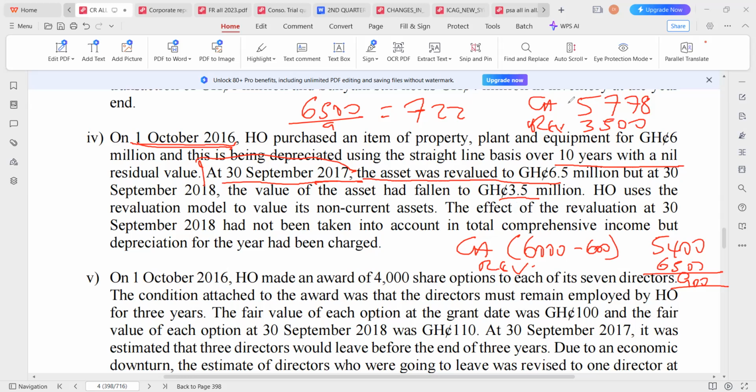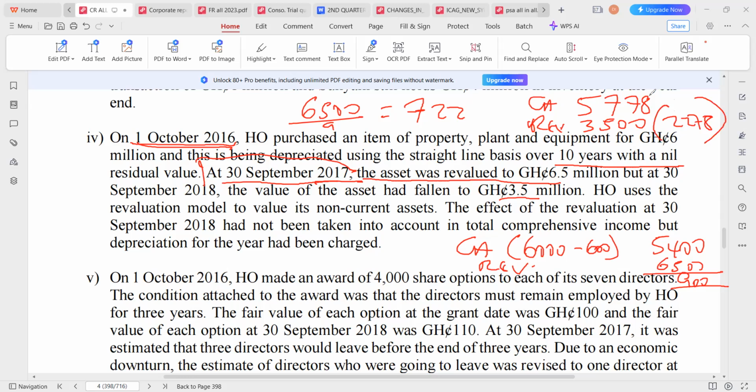A loss of 2,278. The question is that this is a loss, a revaluation loss.